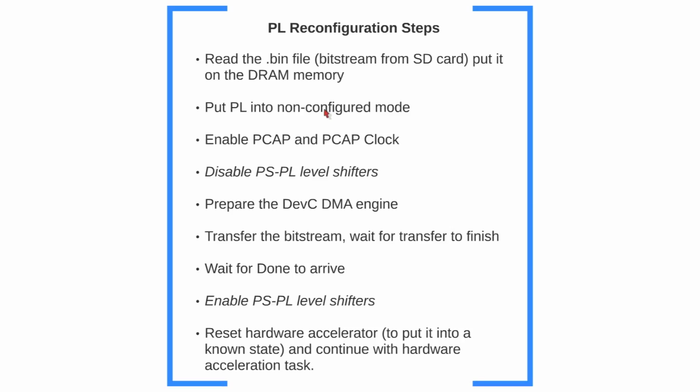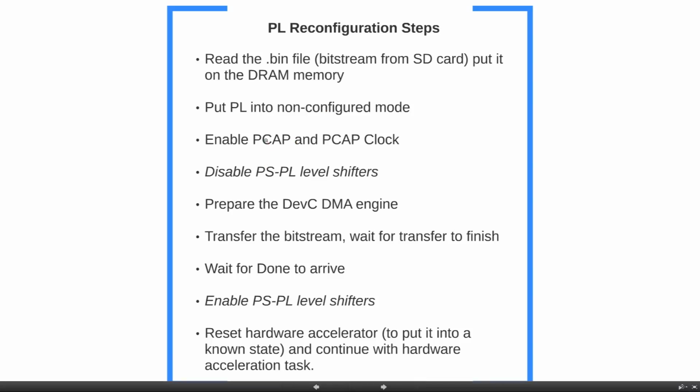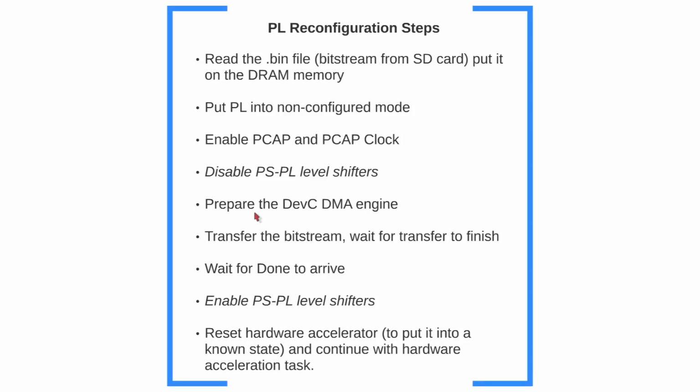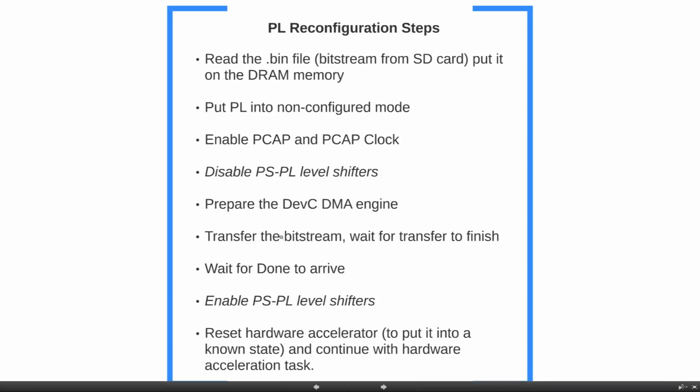Then I enable the PCAP and PCAP clock, and optionally I disable the PSPL level shifters. Then we initialize and configure the device configuration DMA engine, and then we issue the function to use this DMA engine to transfer the bitstream from the DRAM, in fact, to the PL.